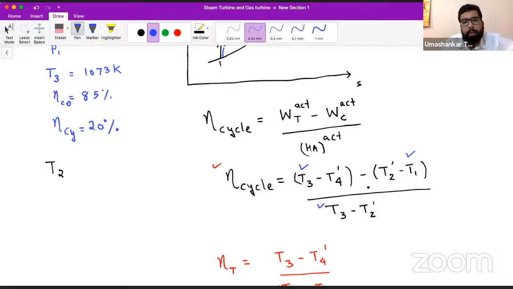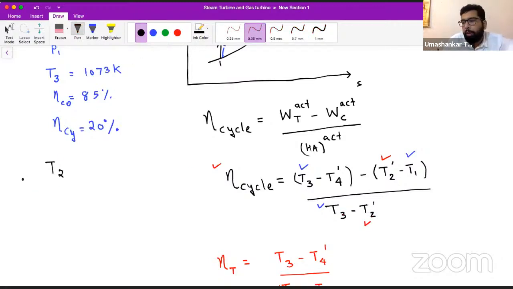Yes or no? So firstly, if we want our T4 dash, you require to find this T2 dash. Let me put a red tick here; I will make it blue once we find it. So how will we find it?